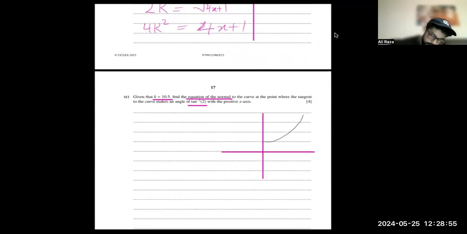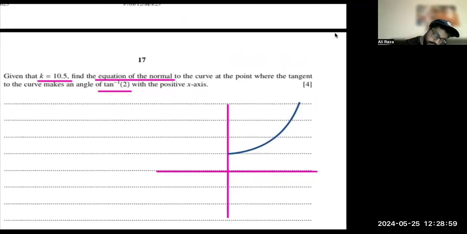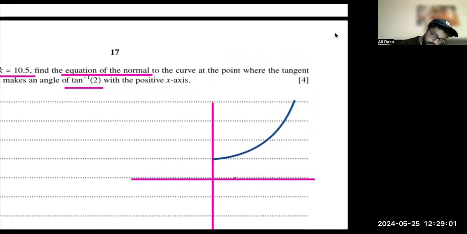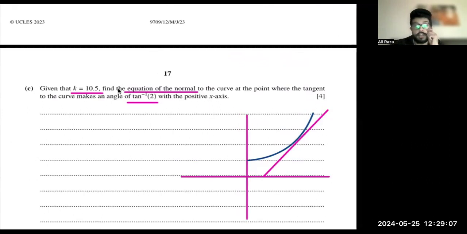Let's say, for example, my curve is something like this, and this is the tangent. The angle it makes with the positive x-axis is tan inverse of 2.